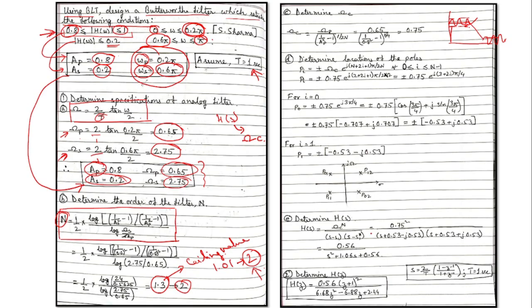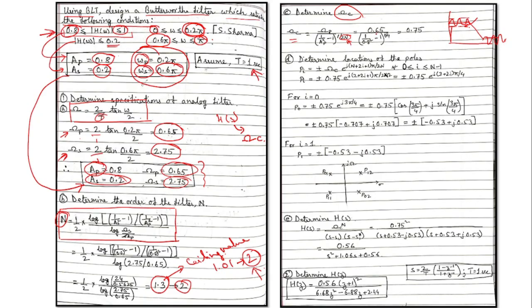Once we have got this, we have to compute the cutoff frequency. The cutoff frequency is given by omega p divided by (1 by ap square minus 1) to the power 1 by 2N, all in the denominator. Capital N we just computed as 2.